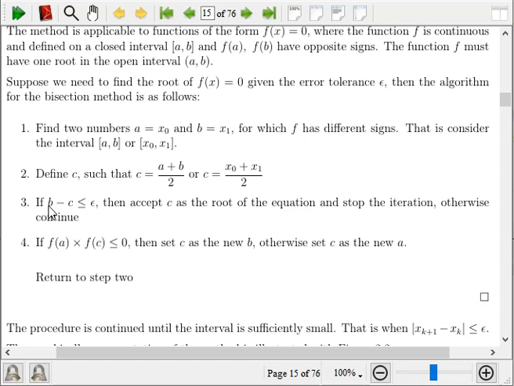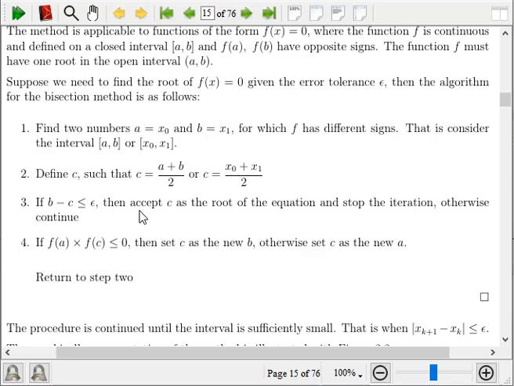We find the difference between B and C. C is the new number and B is the number at the extreme end; it will change from iteration to iteration. If the difference is less than epsilon, then we stop the iteration.